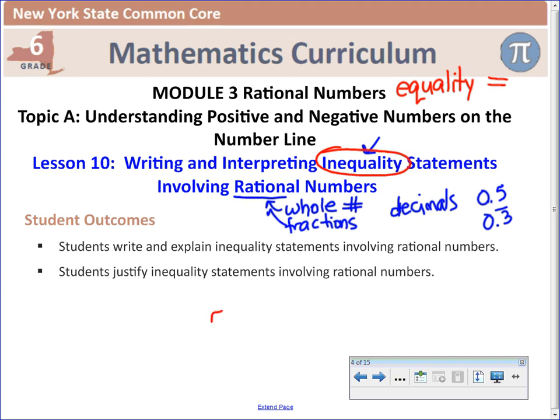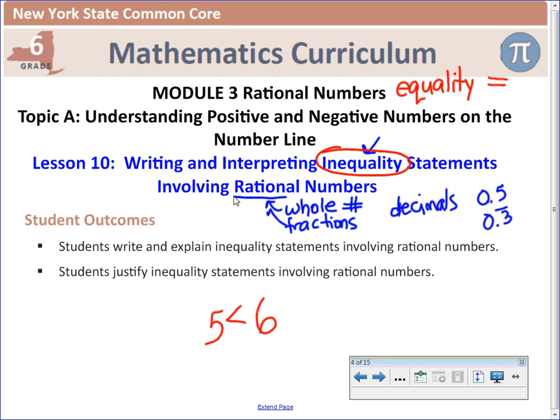If your height was 5 feet and my height was 6 feet, which they're not, what symbol could I use to show that they're not equal? Greater than, or equal, or less than.